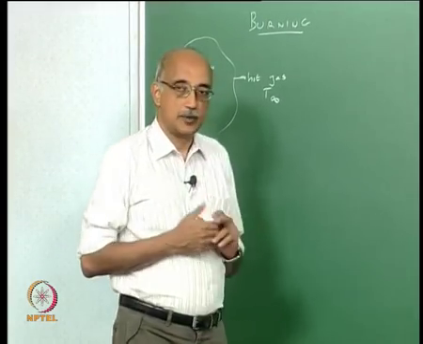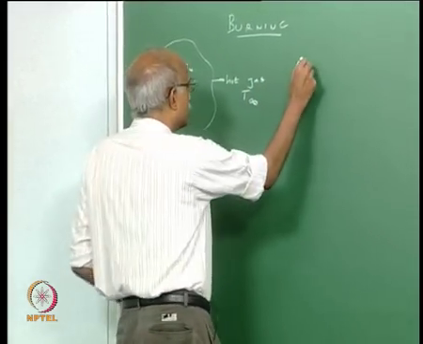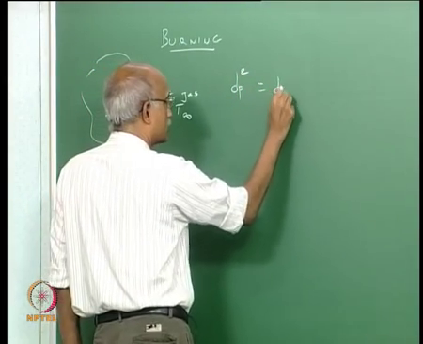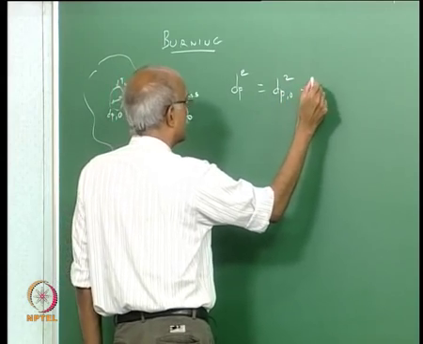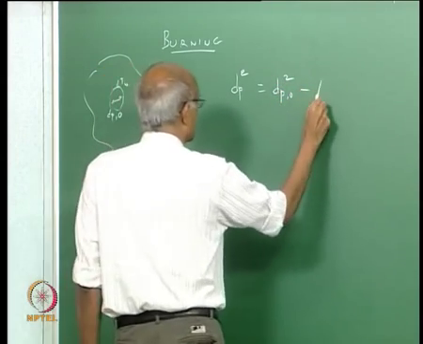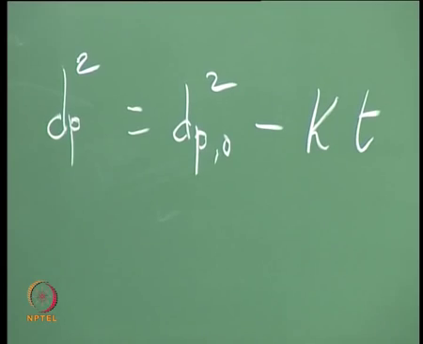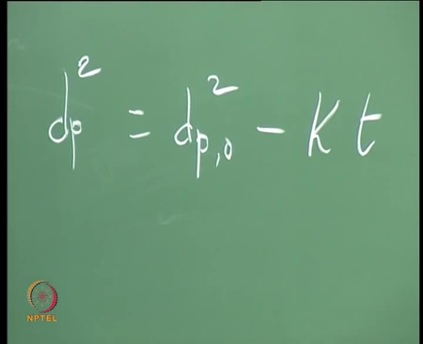Now, you may be familiar with the expression for the burning rate of a particle, dp squared at any time t equals dp0 squared minus some k t, where k is a constant and t is time.